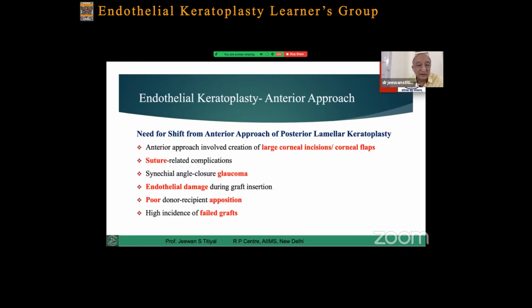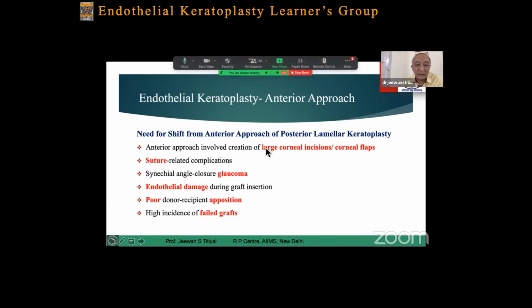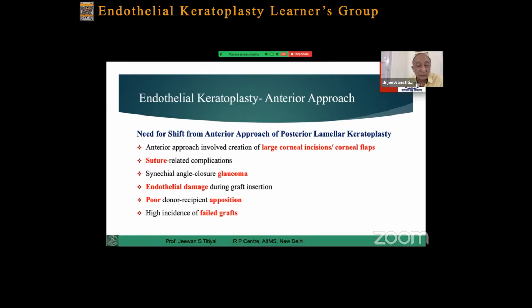because the anterior approach did not give a good outcome. It required a larger corneal incision, a larger corneal flap, and a lot of suture-related complications to attach the donor lenticule to the host stroma. They also had significant angle-closure glaucoma because of synechia formation.